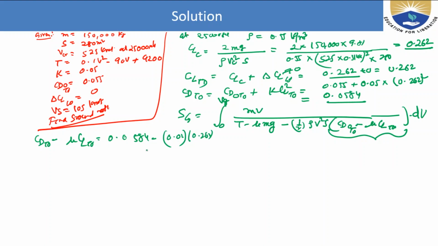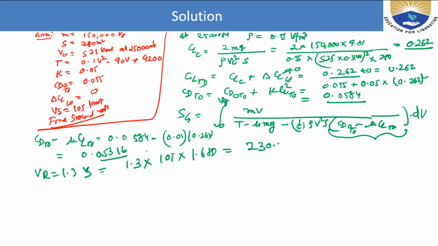So we will get this value as 0.05316. VR is given as 1.3 Vs, and Vs is 105 knots, so 1.3 into 105 into 1.688 gives 230.2 feet per second.